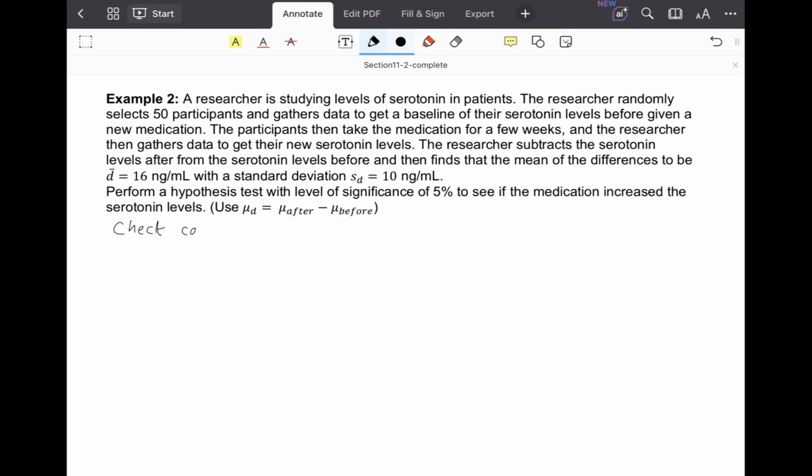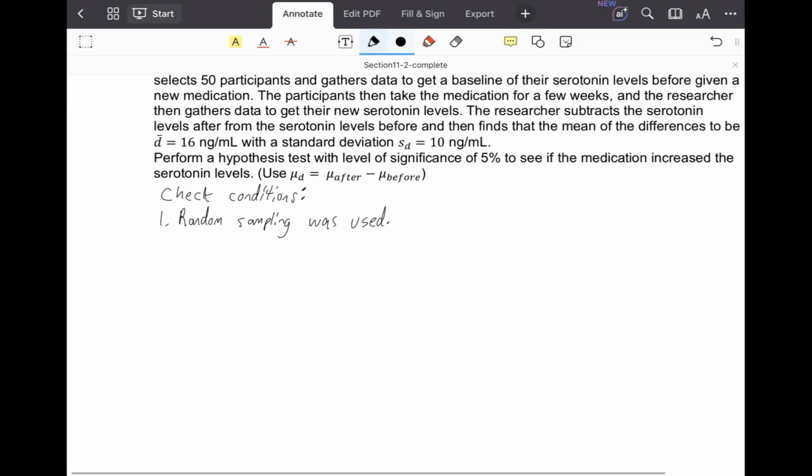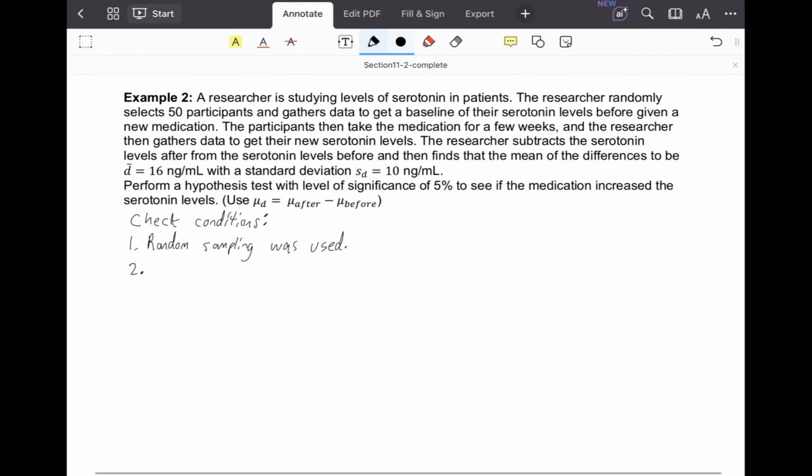So, check the conditions. They did use random sampling. Now the second one, our sample size is large, so n equals 50, which is greater than 30.